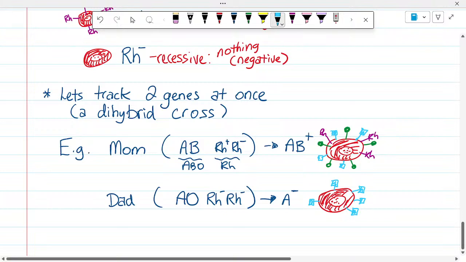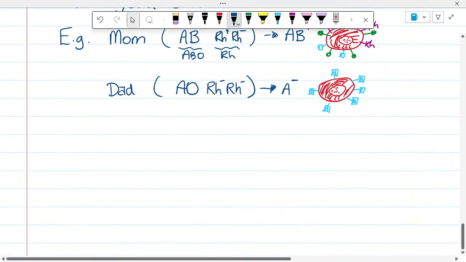Okay. So this is interesting because we're tracking one gene that has 3 possible alleles, another one that has 2 possible, but that's okay. We can make a Punnett square, but before we draw the square, let's see what mom's ova could look like. So we know that mom's genotype is AB, Rh plus, Rh minus, right?